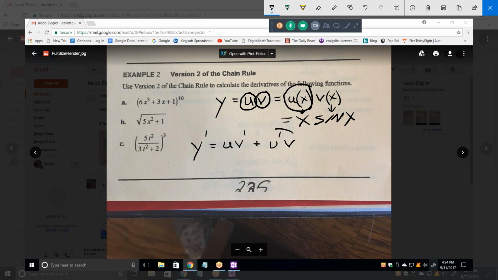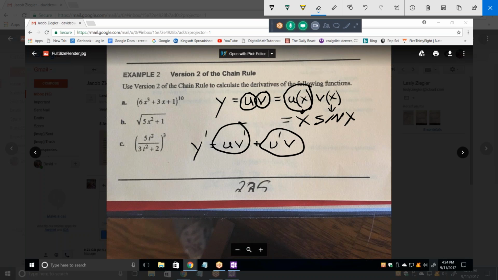Because you're adding them, you can do it in whatever order you want. All you have to remember is you take one function times the derivative of the next plus the derivative of the first function times the second function.